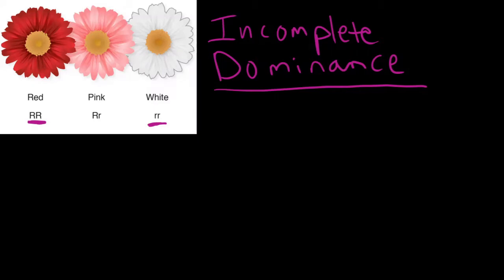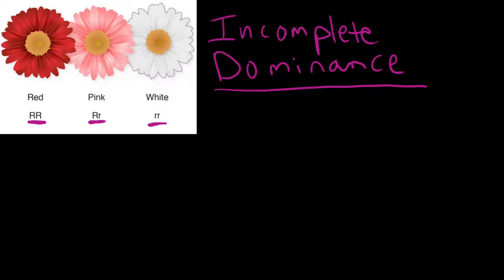On the molecular level, what's really happening is it can't overrule it completely, so it only inherits one red allele, and it can only produce enough pigment to appear pink. The lowercase r, the one that we call white, is actually coding for no pigment, so the flower appears white.